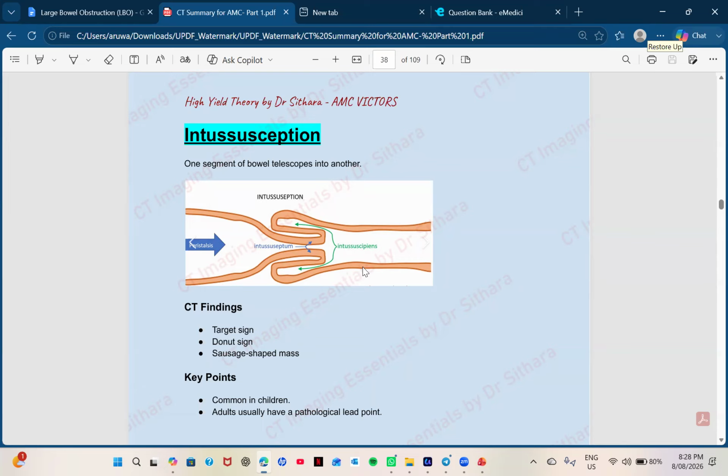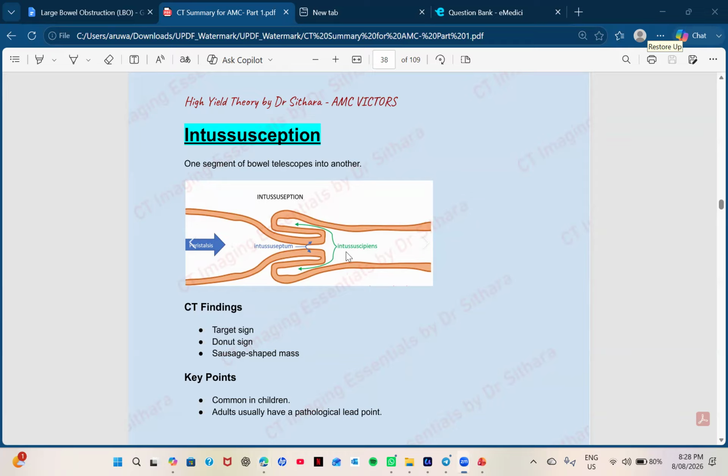What is happening here? One segment of the bowel goes inside the other segment. Here you can see this part of bowel go inside this segment. We call it invagination, and we call it telescope appearance, right, doctors?